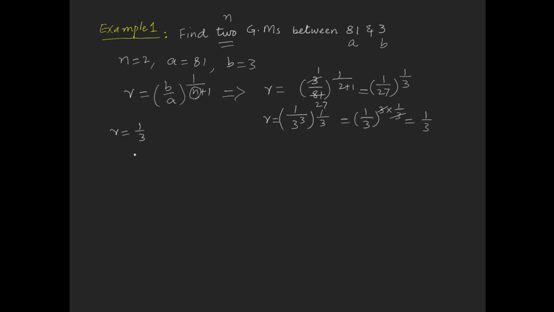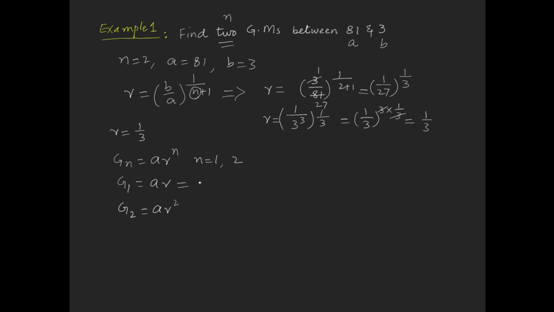Now we are to find the first geometric mean and the second. The general formula is Gn equals A R to the power n, and put n equal to 1 and 2 because we are finding two geometric means. So G1 is equal to AR and G2 is equal to AR square.